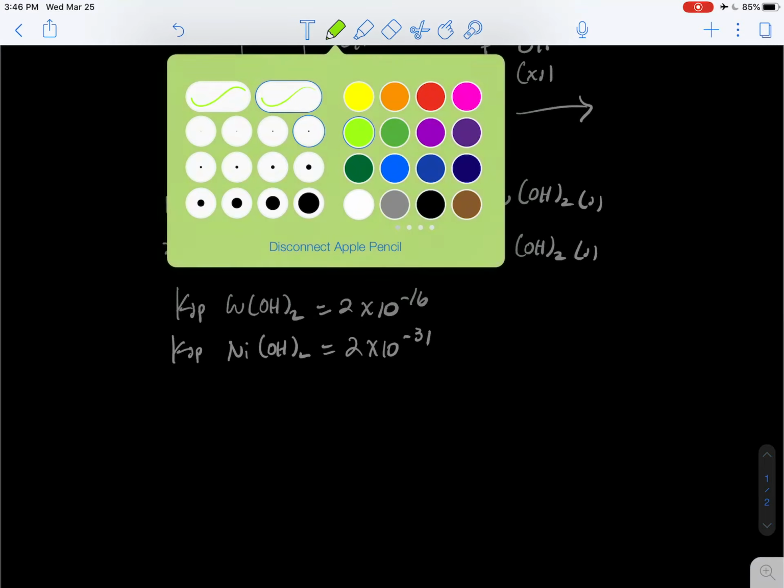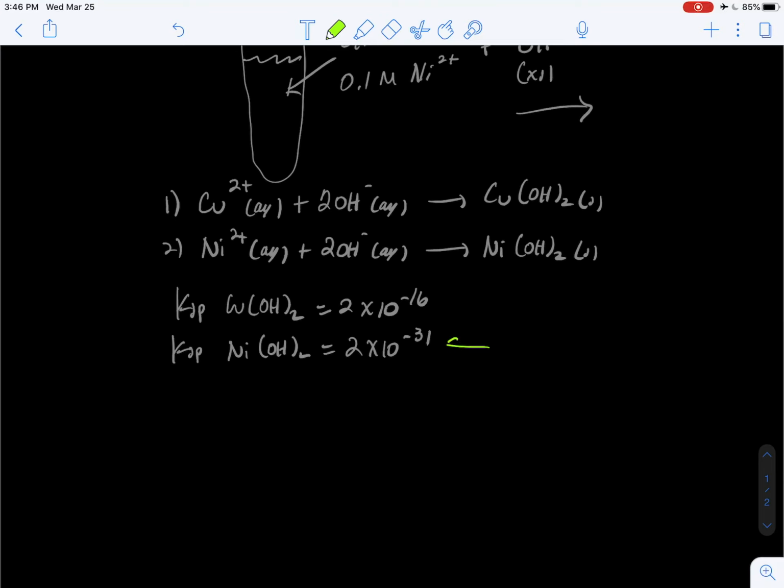From these data, we can make the conclusion that nickel hydroxide is less soluble and will precipitate out first.